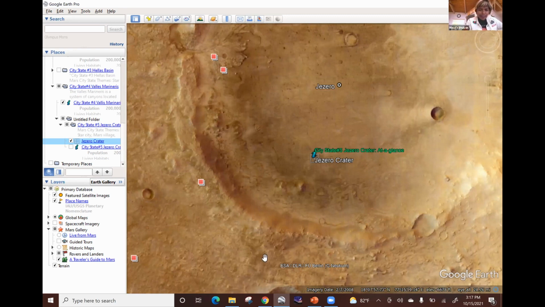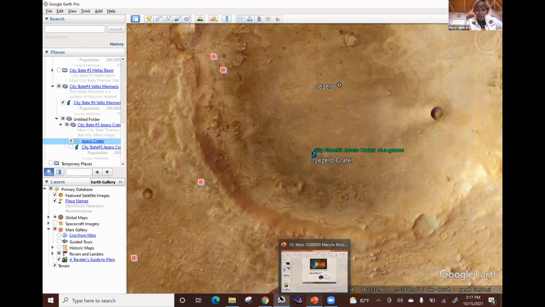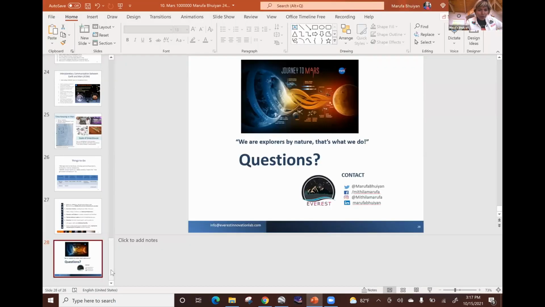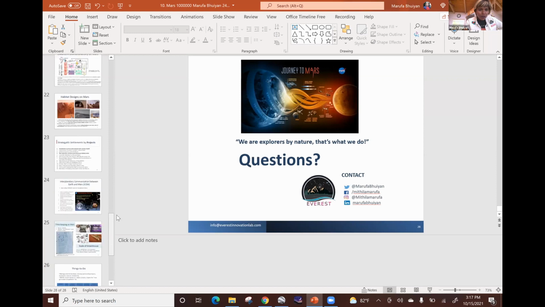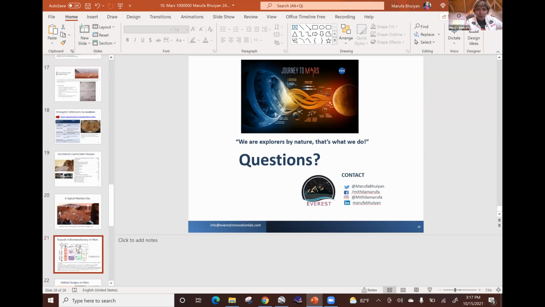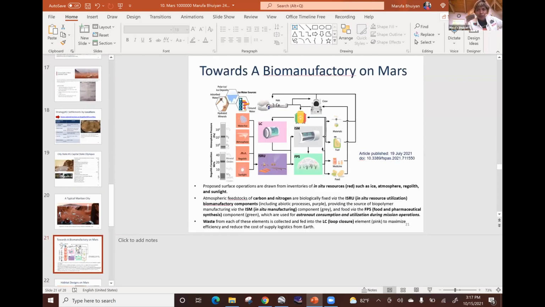Okay, 3 minutes left. So I think that is all for my presentation. If I rushed somewhere, I have 3 minutes left, so I will try to explain this slide. This is important. LC stands for loop control. ISRU stands for in situ resource utilization.